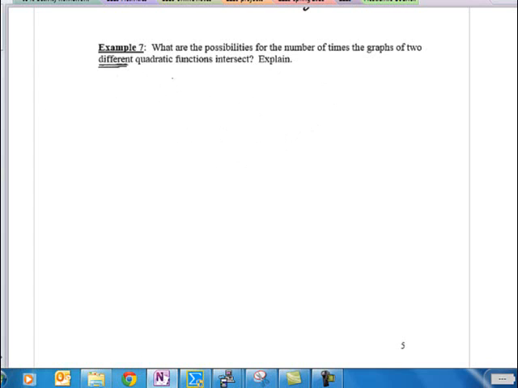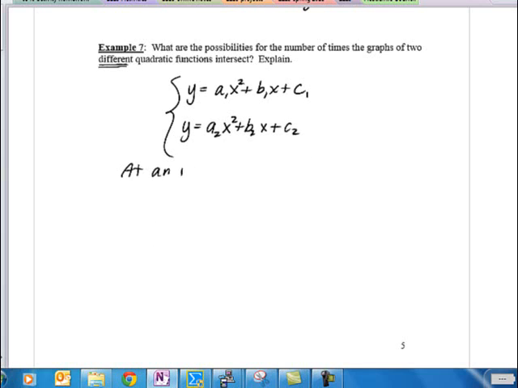So if I have y equals a1x squared plus b1x plus c1 as one of my functions, and the other is y equals a2x squared plus b2x plus c2, at an intersection point, I would have the first function equals the second function.